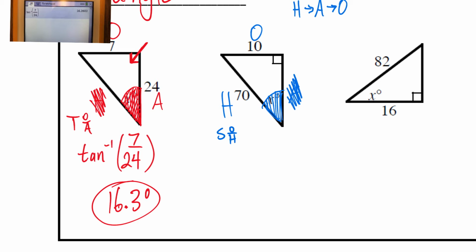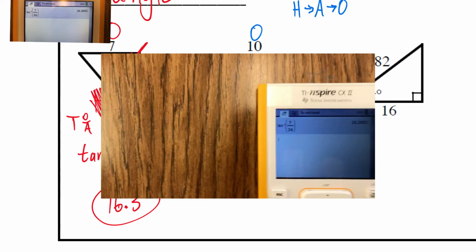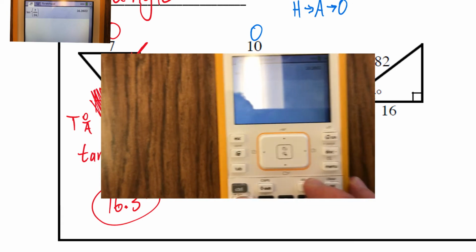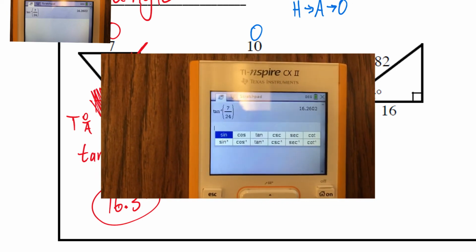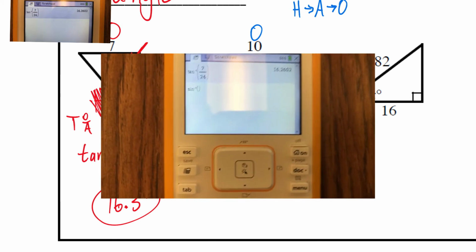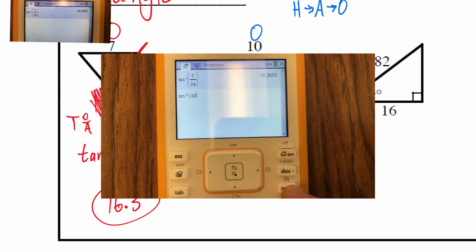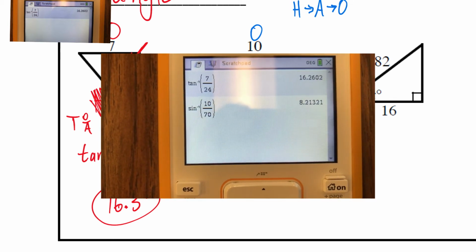And again, I'm looking for my angle, so I'm going to go sine inverse of 10 over 70, and that's going to give me about 8.2 degrees, we'll say.